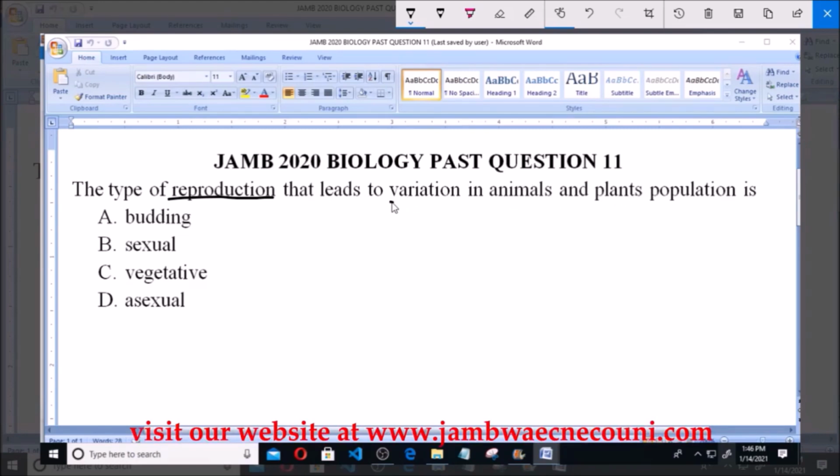Now variation simply means difference. Why is it that a brother differs from his sister, a brother differs from his parents? Now A says budding. Budding is a type of asexual reproduction. Likewise, vegetative reproduction in plants is asexual reproduction.